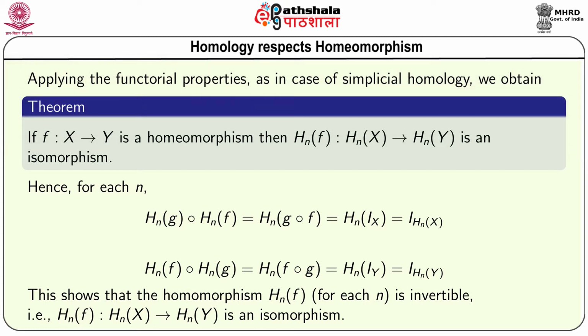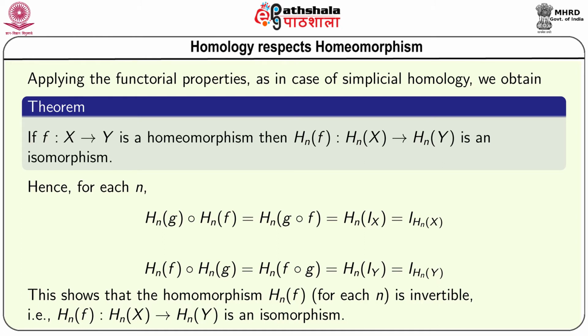That is, if f is a function from X to Y and it is known that the function is a homeomorphism, then Hn f from Hn X to Hn Y, the induced homomorphism, will become an isomorphism. Let us look at the proof of this theorem.